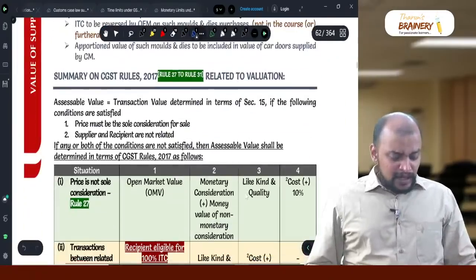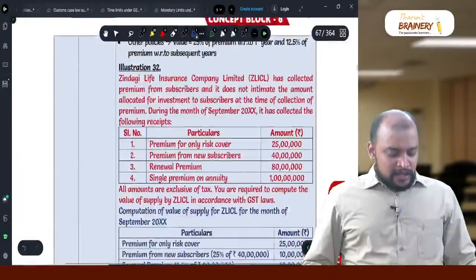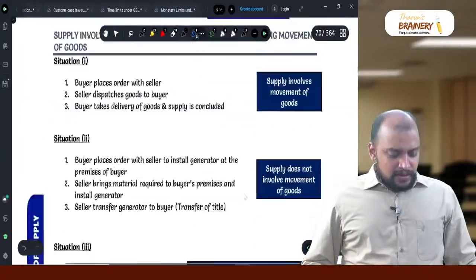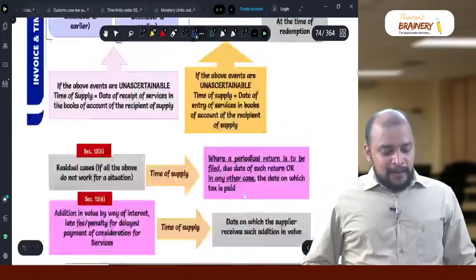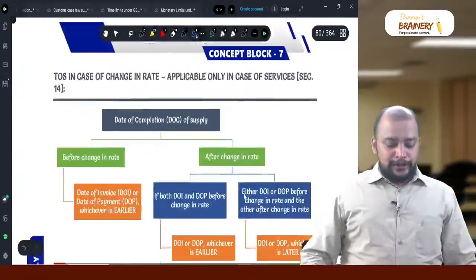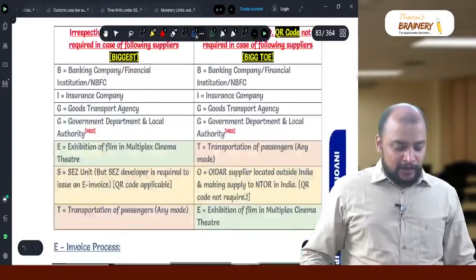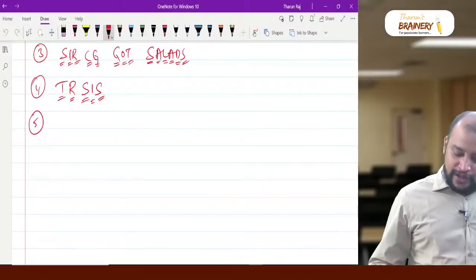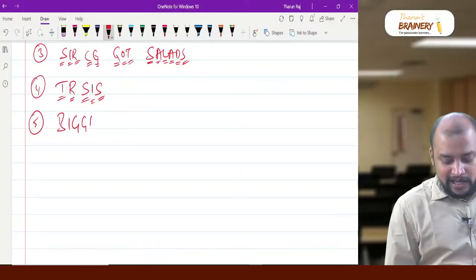Okay. Then next thing is about invoice and time of supply, where we have the concept of e-invoice and QR code. When e-invoice and QR code is not applicable, you need to remember BIGGEST.